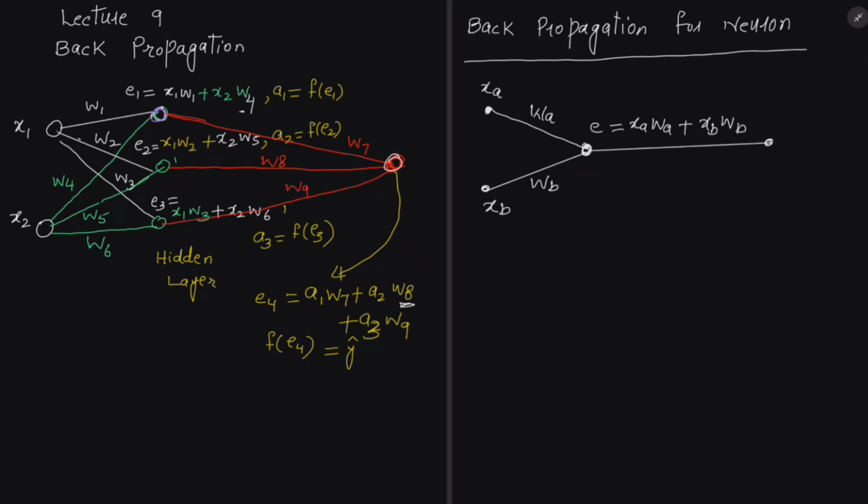The output of this result will be f of E, where f is the activation function, which we can call y hat. So y hat is the solution of the artificial neural network, and we will compare this with the exact solution. We know the exact solution initially.